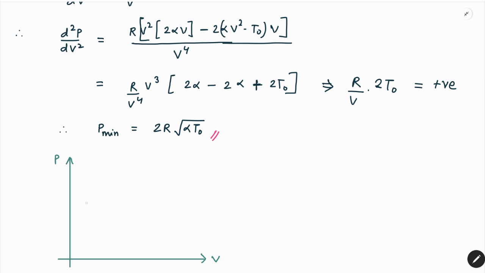For the PV curve we have a curve like this, and this is the point where pressure is minimum, when volume V is equal to root over T naught by alpha. This is the value of minimum pressure which we calculated as 2R root over alpha T naught. So this was problem number 2.12.